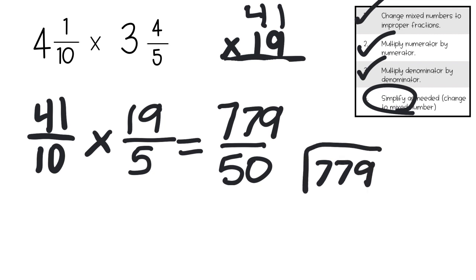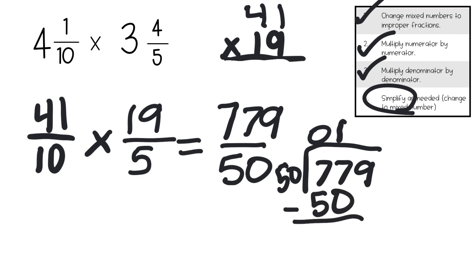779 divided by 50. 50 does not go into 7. 50 goes into 77 one time. 50 subtract 77 is 27. So now we have 279. I like to think about money. Let's see how many 50s go into 279. 50, 100, 150, 200, 250.